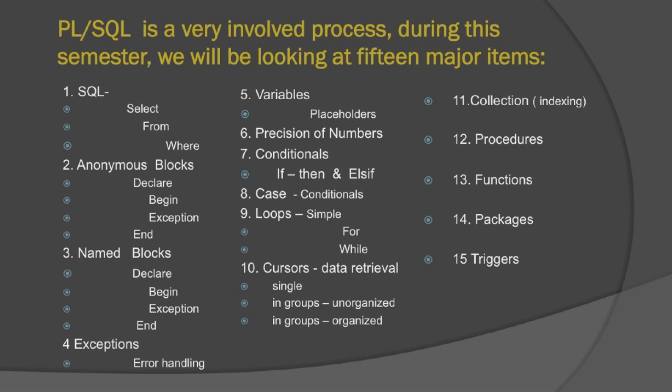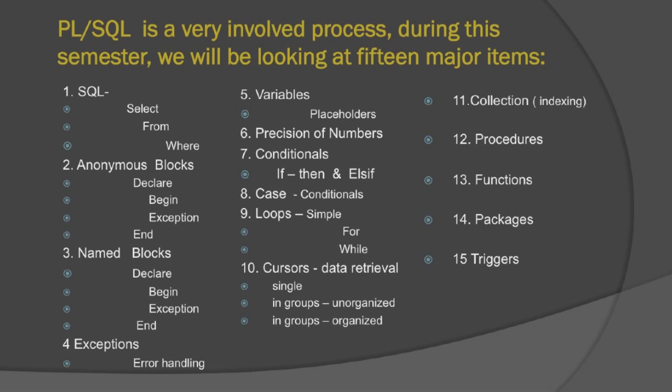And finally, we're going to look at triggers. Triggers are interesting in that they work kind of as an alarm mechanism. Something has to happen to make a trigger work. Now, what a trigger does, a trigger holds procedures.